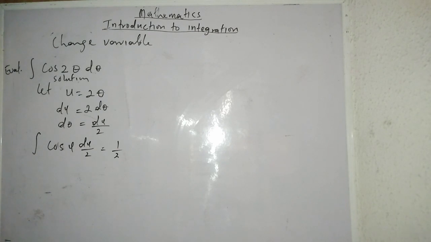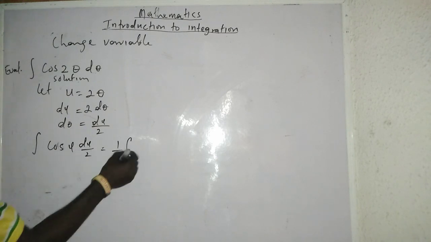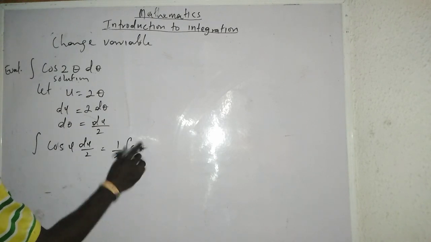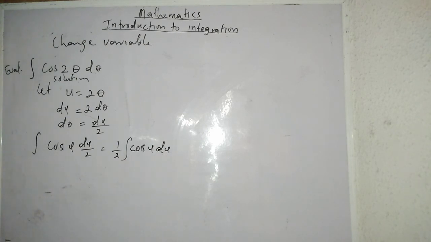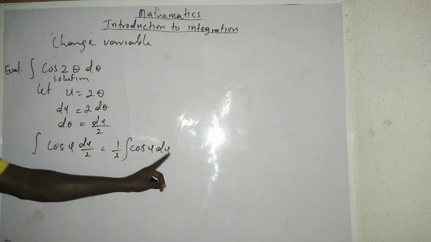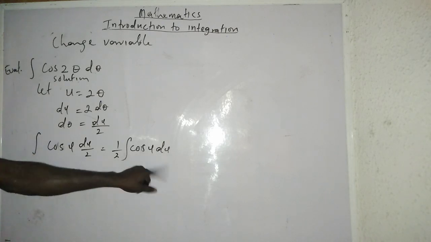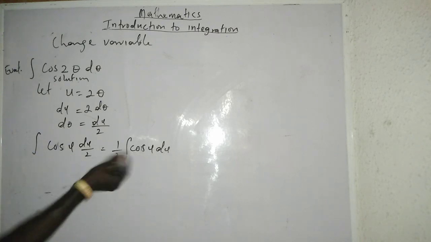Sorry, I have to give you the properties of integration, maybe in our next video I will start from the properties of integration. Now I will be having 1 over 2 of the integral of cos u du. Anytime I'm working on integration, what I'm after is that the variable with respect to it must be equal. Now, what is my integral?